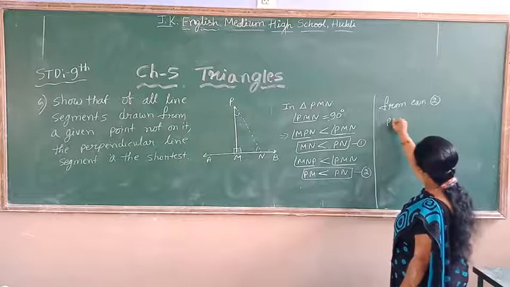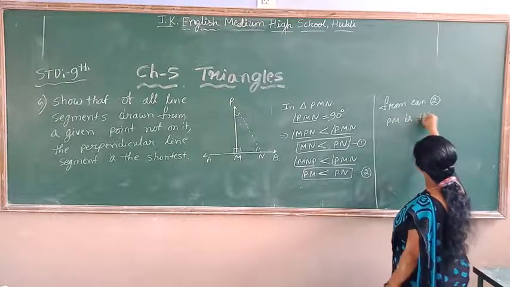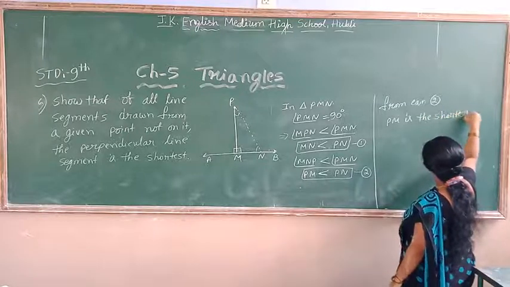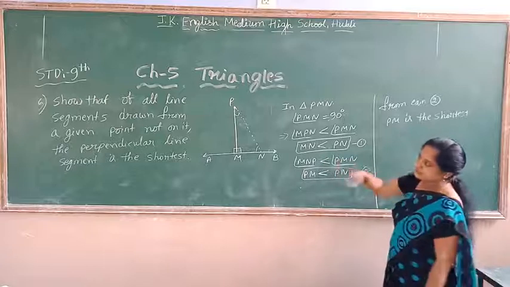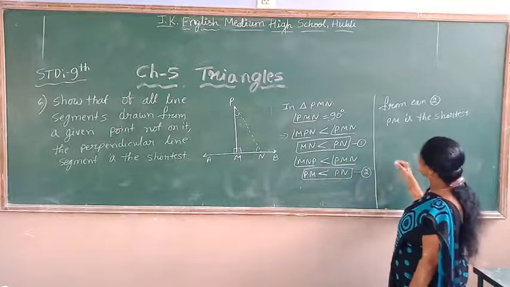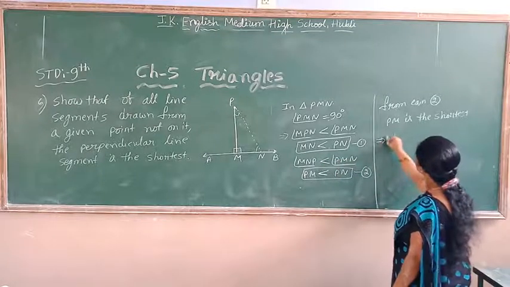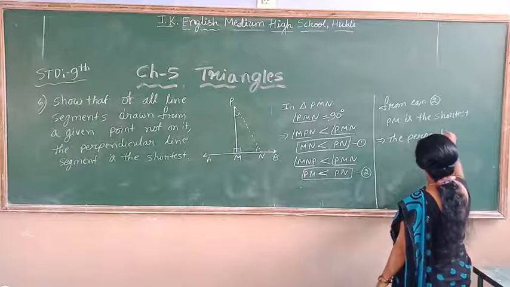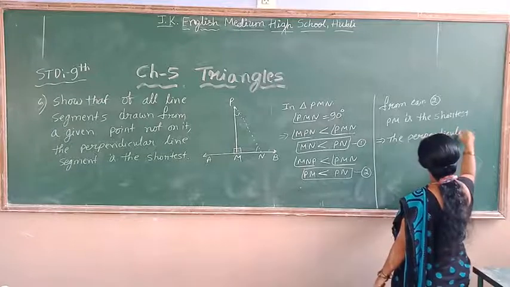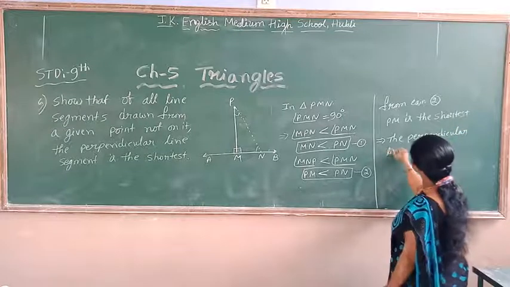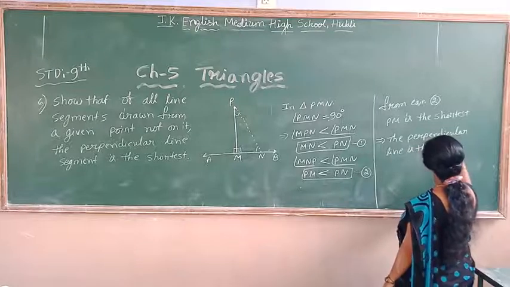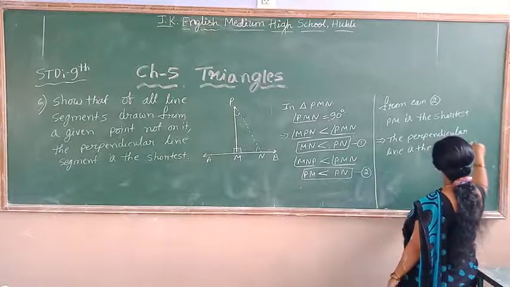Therefore, PM is the shortest line. That is the meaning of it: the perpendicular line segment is the shortest. It implies the perpendicular line is the shortest, children. This only they asked us to prove.